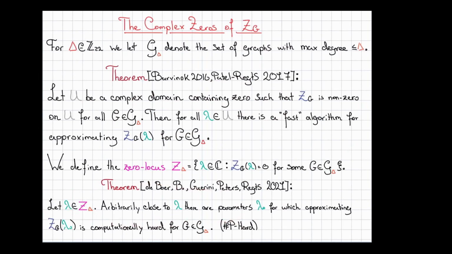This leaves open any possible component of the zero free region that doesn't contain zero. We don't know if it exists. We know that in the limit it disappears, but it might exist. And then there might be some fast algorithm there that's very different from this algorithm. But that's an open problem, whether the zero free region is connected.